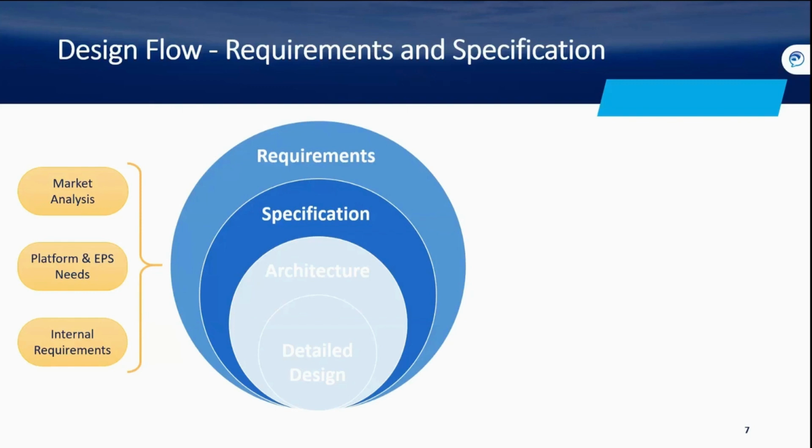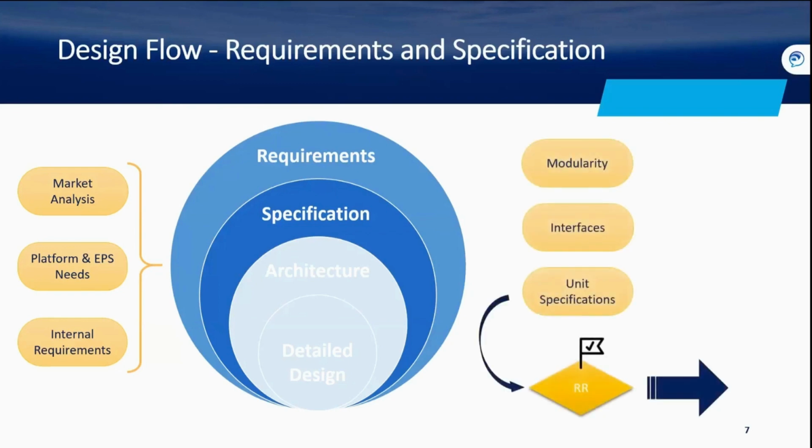And thirdly, we have to take into account our internal requirements to be compliant with our own processes. So you can see here some of the outputs of these stages, for example, unit modularity or external interfaces.